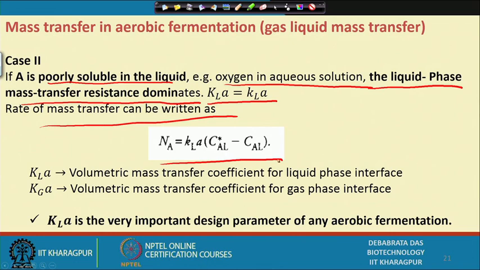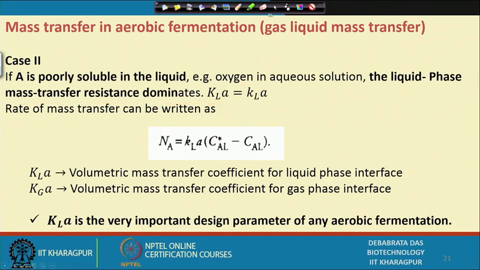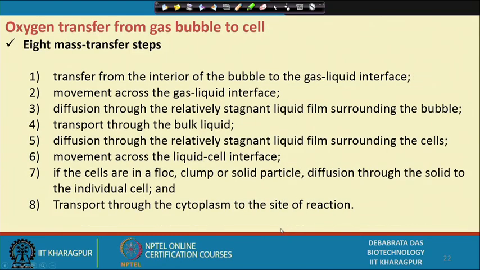So, that is controlled by the liquid phase. When gas is highly soluble, it is controlled by the gaseous phase. So, the K_L is very important in the design of the aerobic fermentation process, and K_La we consider as the volumetric mass transfer coefficient.